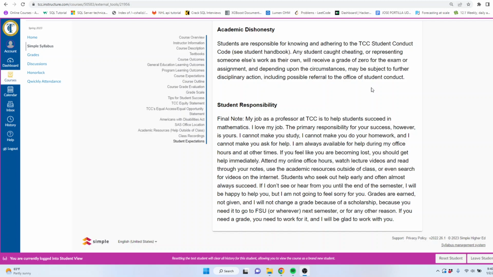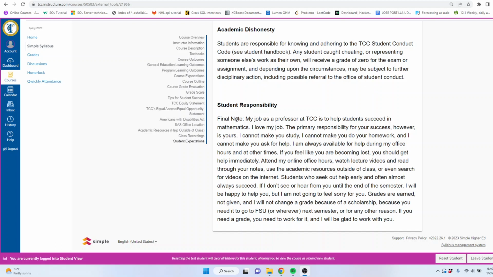So if you're not using Honorlock properly, or you're having someone try to take the test for you, or maybe you have someone else in the room while you're taking the test and they're telling you how to do the problems, that sort of thing, then that is obviously cheating. You will receive a grade of 0 for that assignment, and depending on the circumstance, you can be removed from the course.